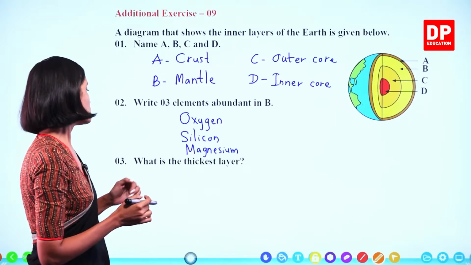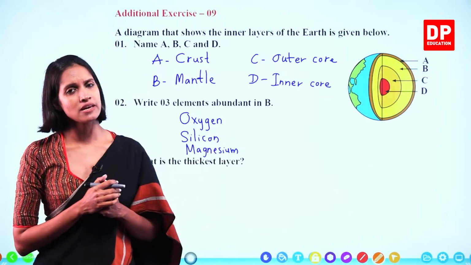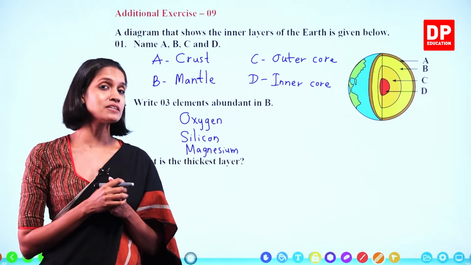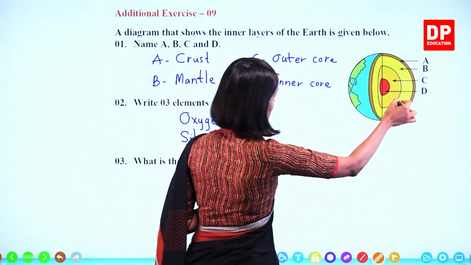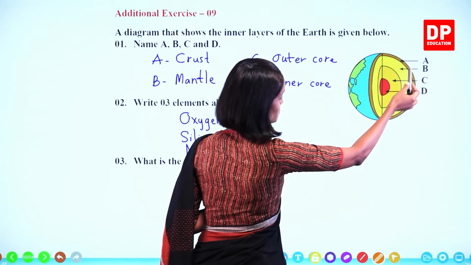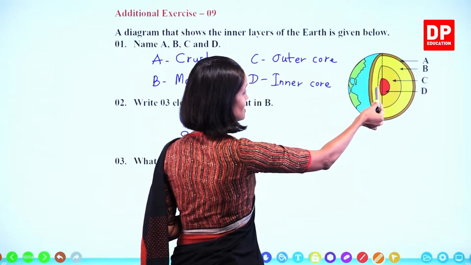Right. What is the thickest layer? Out of all 3 layers, the main 3 layers, the thickest layer is the core. When you consider this diagram, you can see C and D. C is outer core, D is inner core.